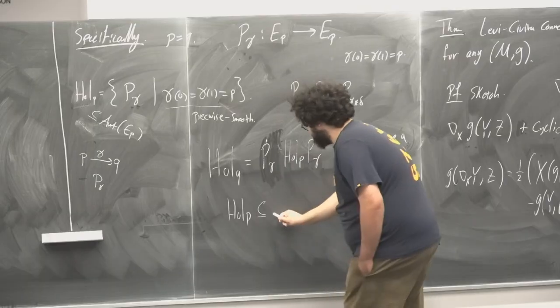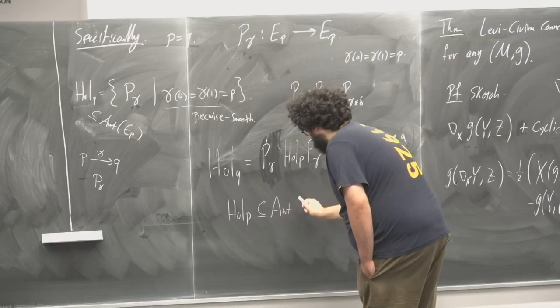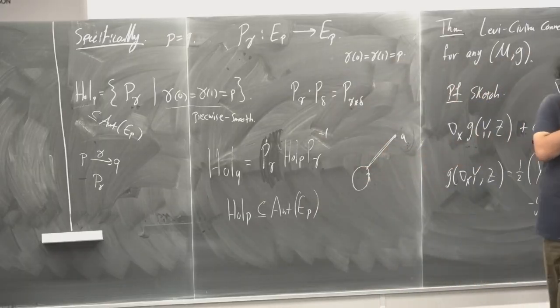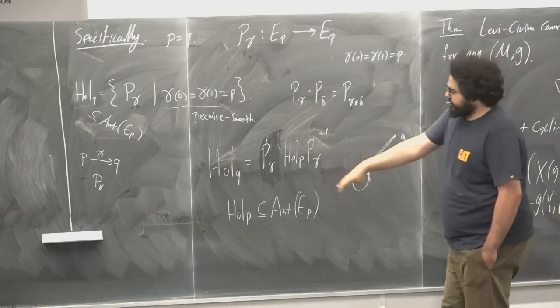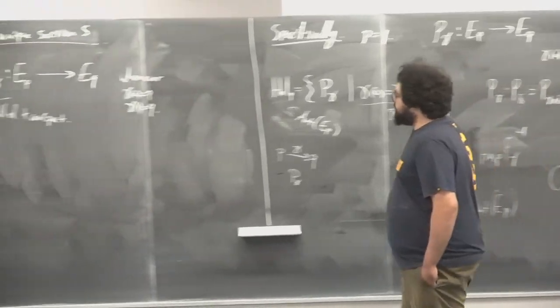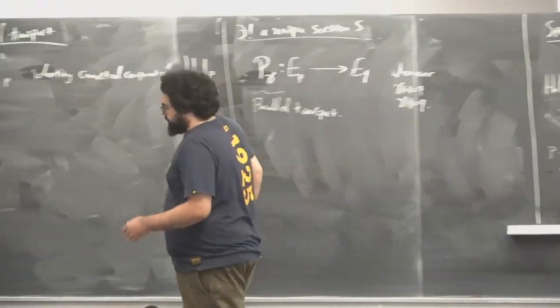It's clear that it's a subgroup of the automorphisms of E_P. There's a bit more work to be done to say that it's a Lie subgroup, but one can show from theorems that it's closed and so it's actually a proper Lie subgroup. So it has a Lie algebra and it has all the good properties that Lie groups have.